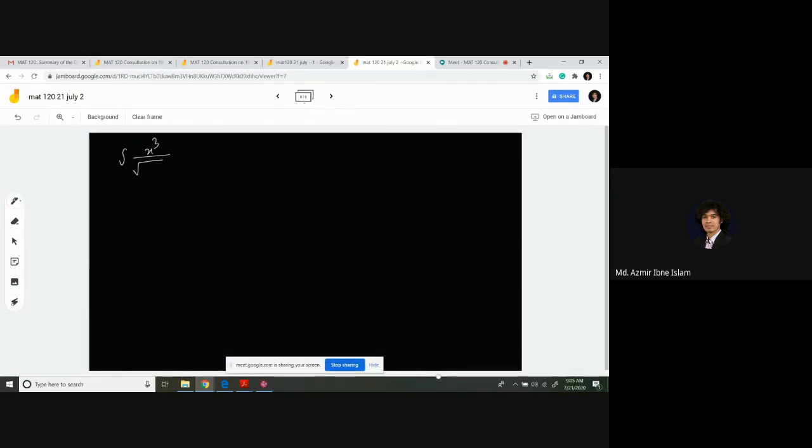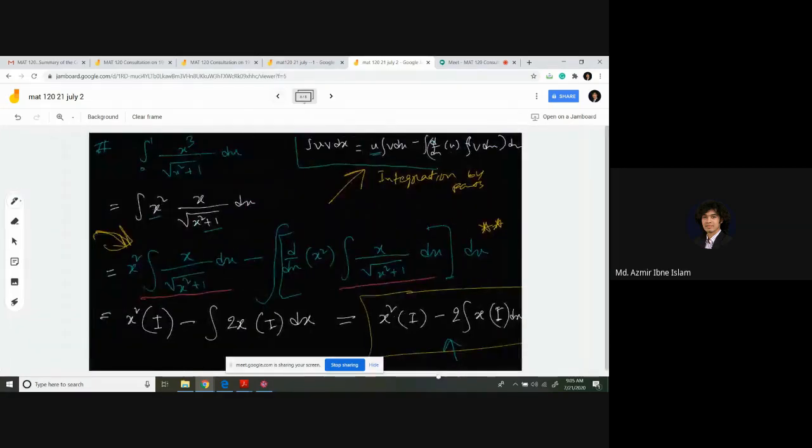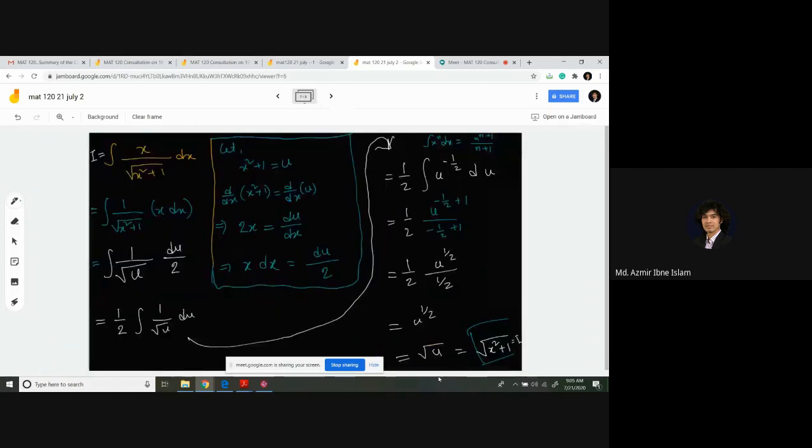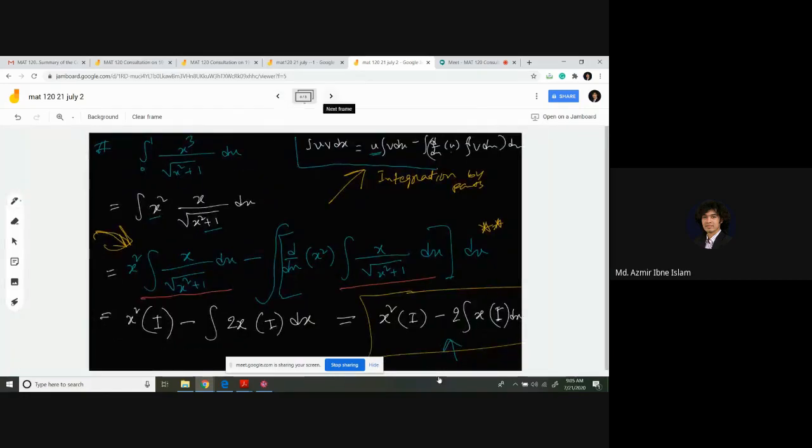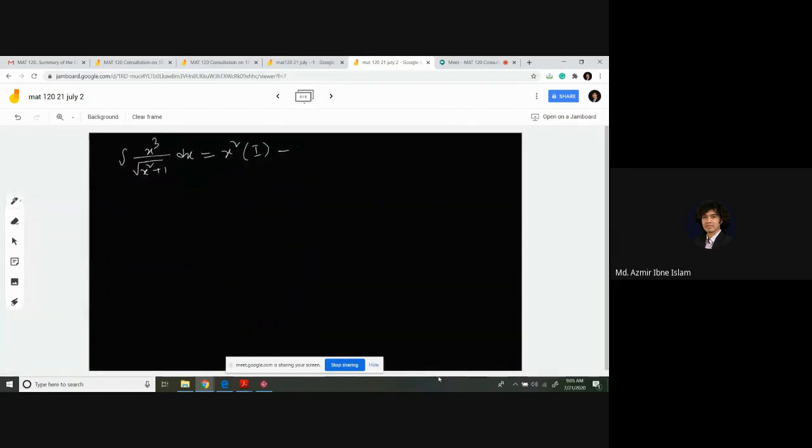Here we have x squared plus 1 dx equal to, and we have established the relation, that is finally it is x squared I negative 2 x I dx. Clear? So now let's input this one.